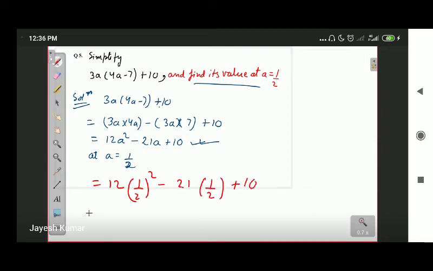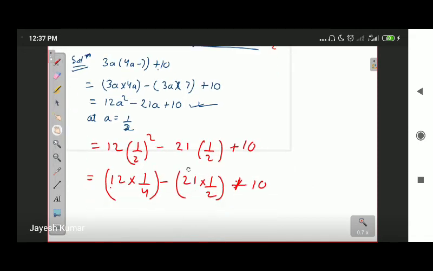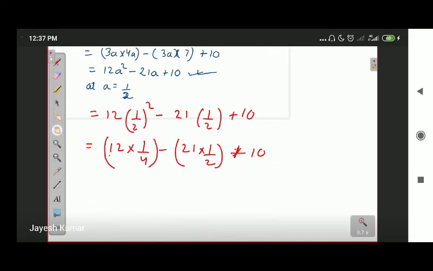So this will be 12 into 1 by 4 minus 21 into 1 by 2 plus 10, and I will put brackets to make it clearer. 12 and 4 when simplified will result in 3. 21 into 1 upon 2 will result in 10.2, plus 10.